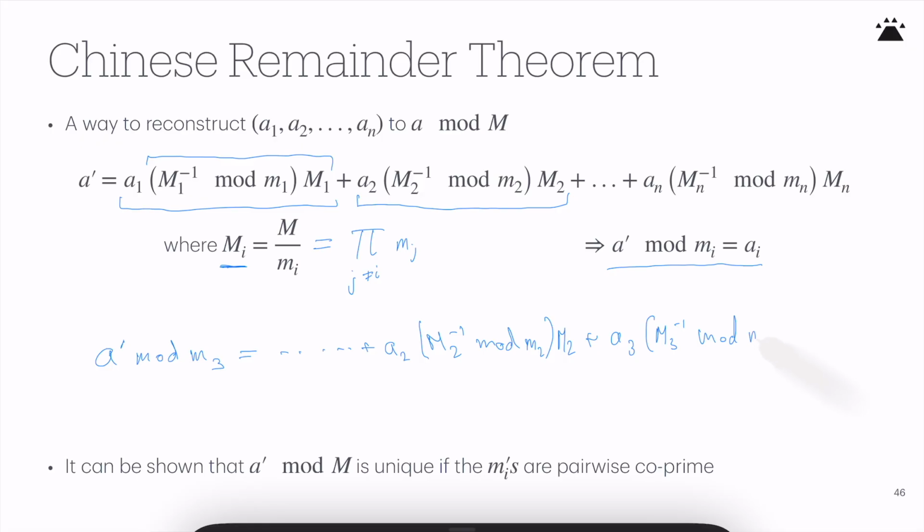If I take mod m_3 of this part, maybe if we go to red, it's going to be better. So for this guy we'll take mod m_3, and then we'll take mod small m_3 of the other in green.